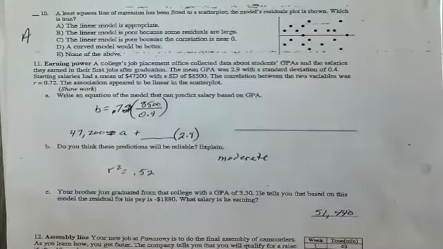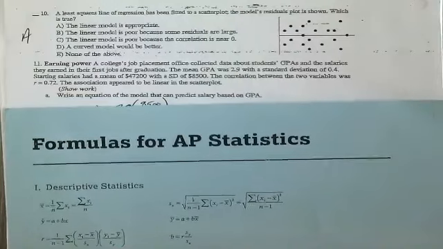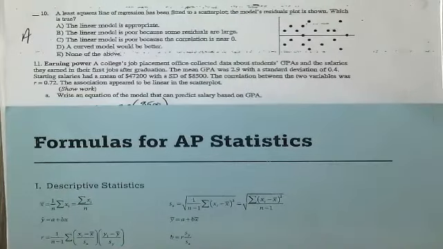Okay, for number 11, we're going to need a formula page. Where is my formula page? There it is. College job placement collected data for students' GPAs and the salaries they earned in the first job after graduation. The mean GPA was 2.9, with a standard deviation of 0.4. The starting salaries had a mean of $47,200, with a standard deviation of 8,500.